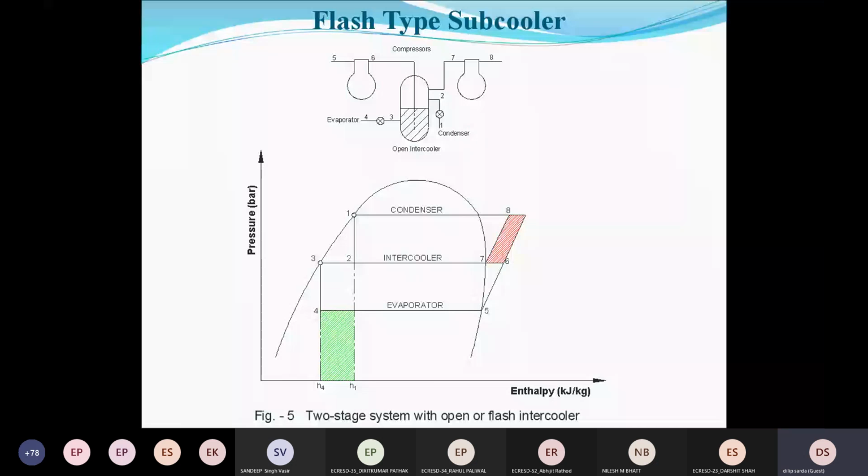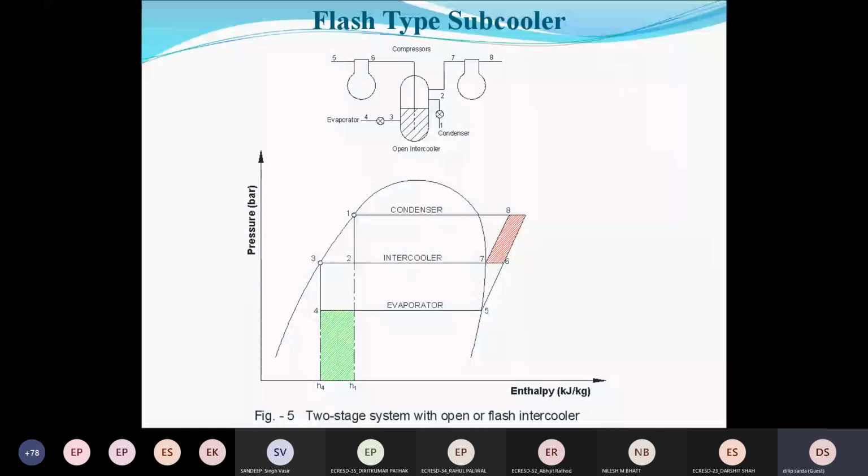But at the same time, liquid refrigerant is available to us, and that we can take to the expansion valve and to the evaporator. So the liquid refrigerant from the condenser that we have put here has reduced in pressure and reduced in temperature, and then it has been fed to the expansion valve.